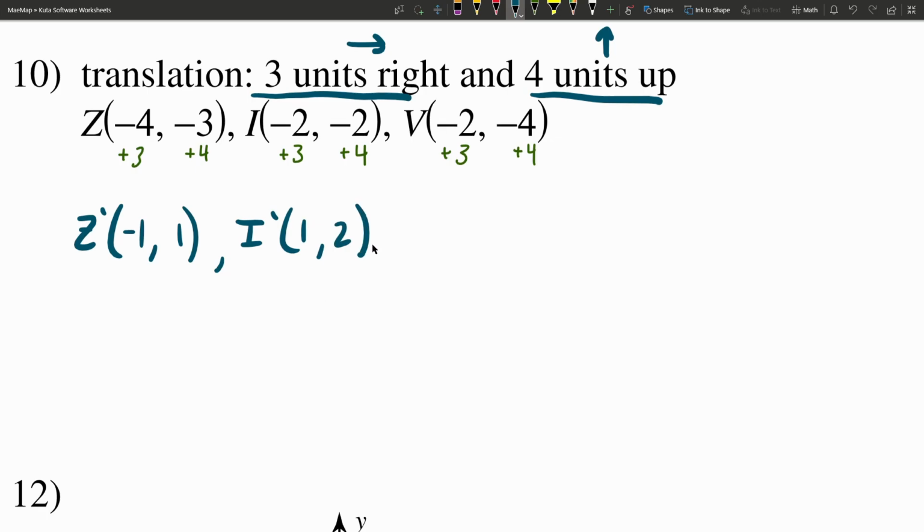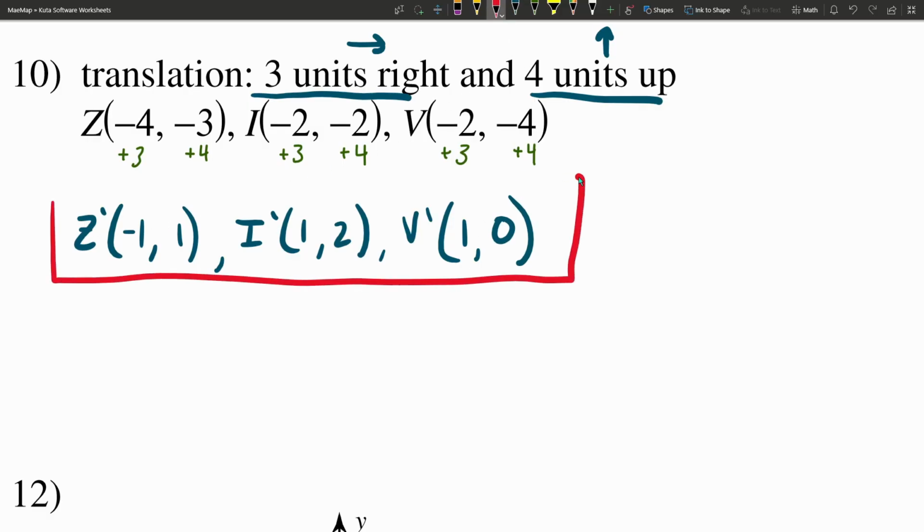So I prime is 1, 2. And then lastly, V prime: take -2 and add 3, since we're moving 3 right, that's going to get us to a +1. -4 plus 4, since we're moving 4 up, gives us 0. So V prime is at 1, 0. And that's the vertices of our translated figure.